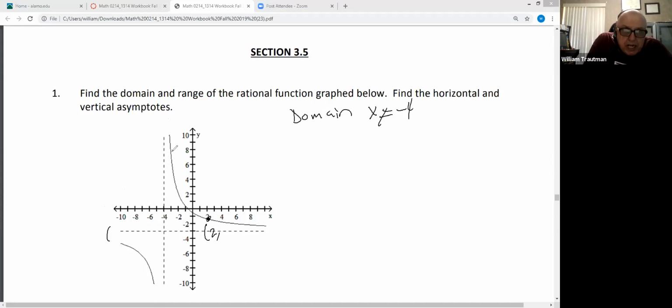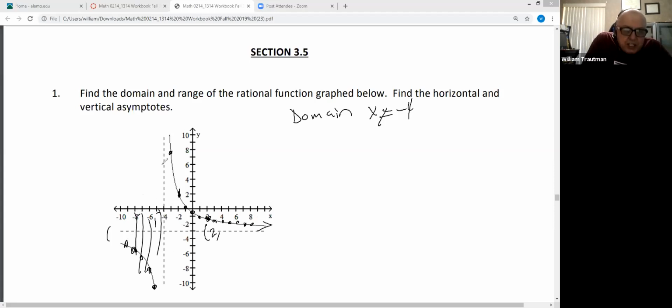I could put a dot at any x value: x negative 2, x negative 1, x 0, x1, x2, x3, x4, x5, x6, x7, x8, and so on. X7 is way down here, x negative 5, -6, -7, -8, -9.